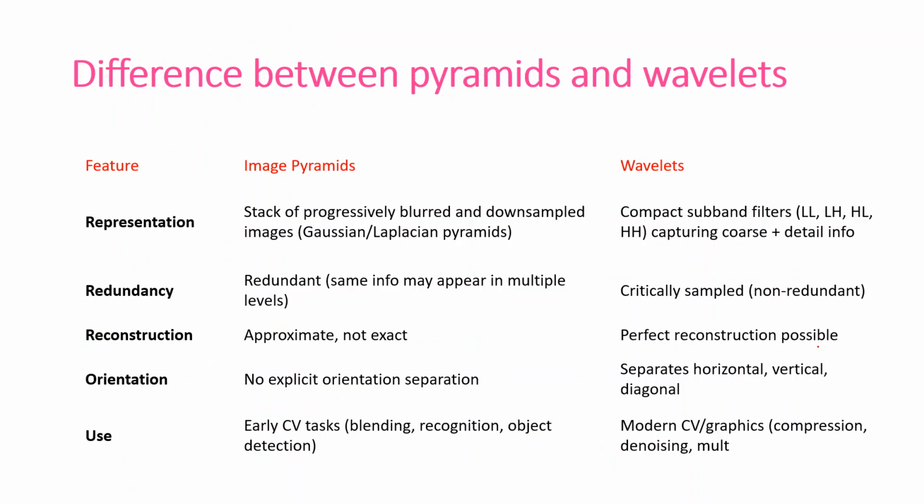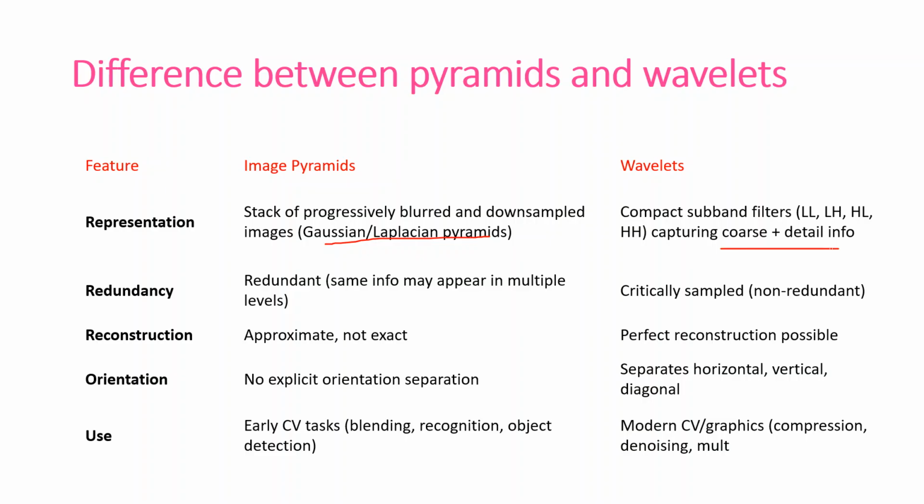And the common difference between pyramids and wavelets. Image pyramids are a stack of progressively blurred and downsampled images. We'll use Gaussian or Laplacian pyramids. Here we'll use subband filters, low pass and high pass filters in four ways. We'll capture fine as well as coarse details also. On redundancy, image pyramids may have redundant details, but wavelet is non-redundant.